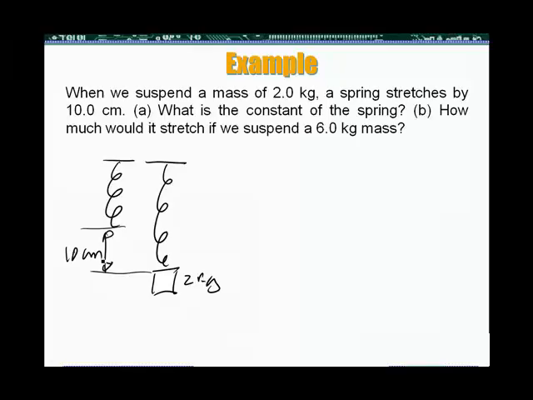Now the key here, the force that we have exerted to stretch it is equal to the gravitational pull of the mass. So actually on the mass we have two forces, Fg and the spring force. The spring force is given by Kx in magnitude, and the gravitational force is given by mg.